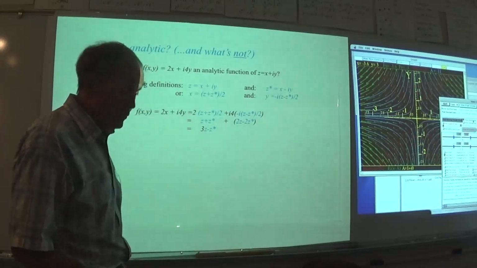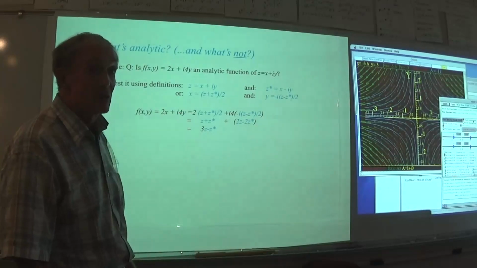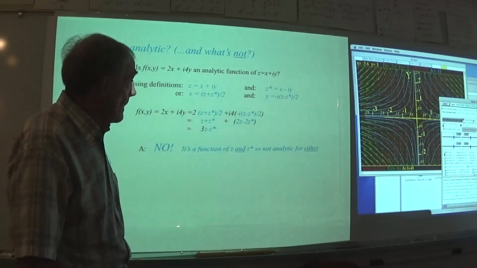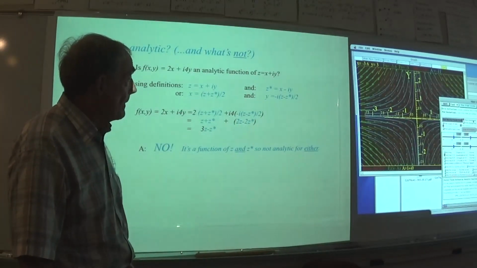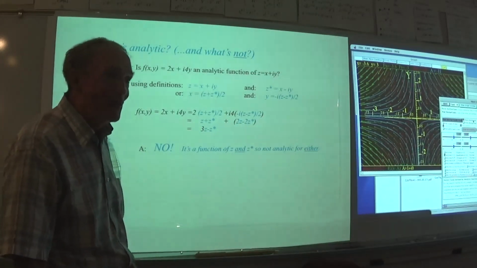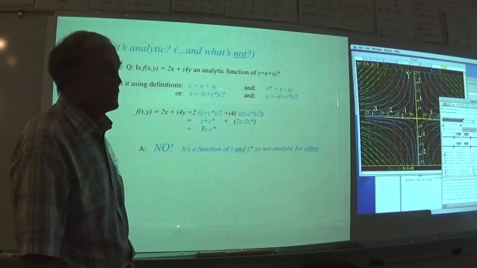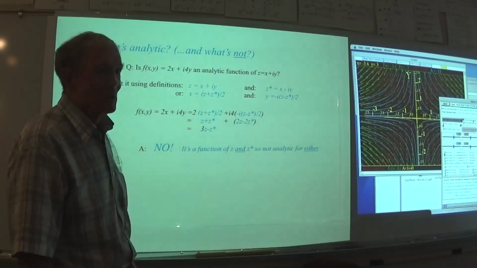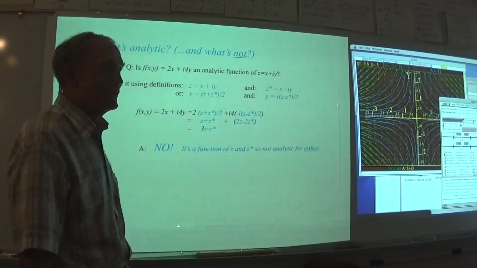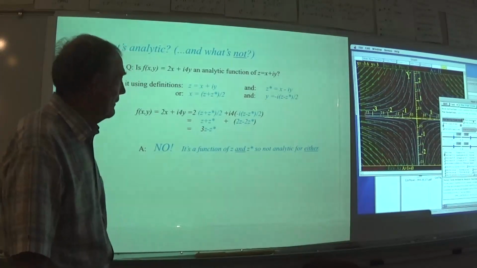This one is both, so it's not analytic. That's the way you test for analytic. Okay? Is analytic the same thing as holomorphic? That's a big word. I don't know, actually. We have to define holomorphic, and I haven't done that yet, so I'll move that question to later.